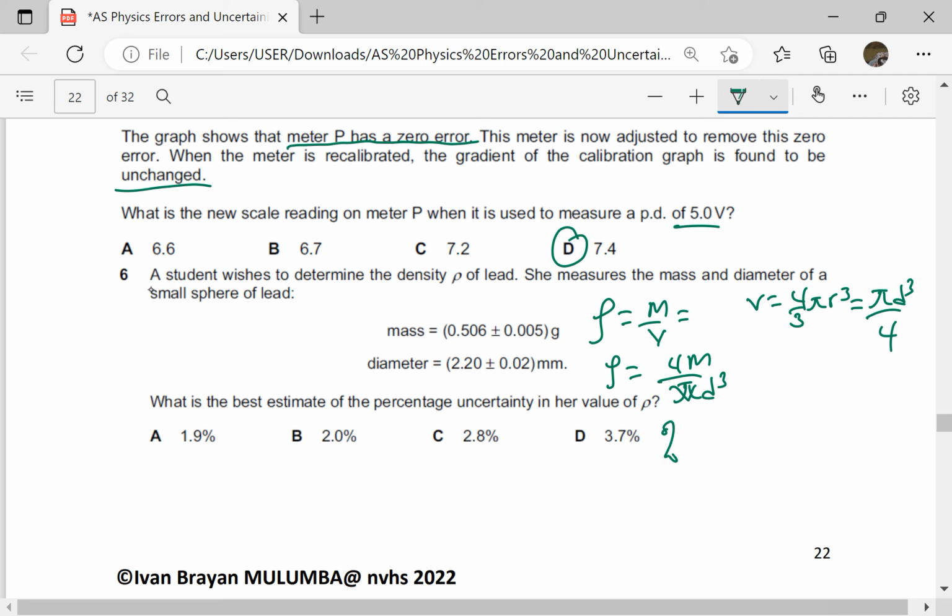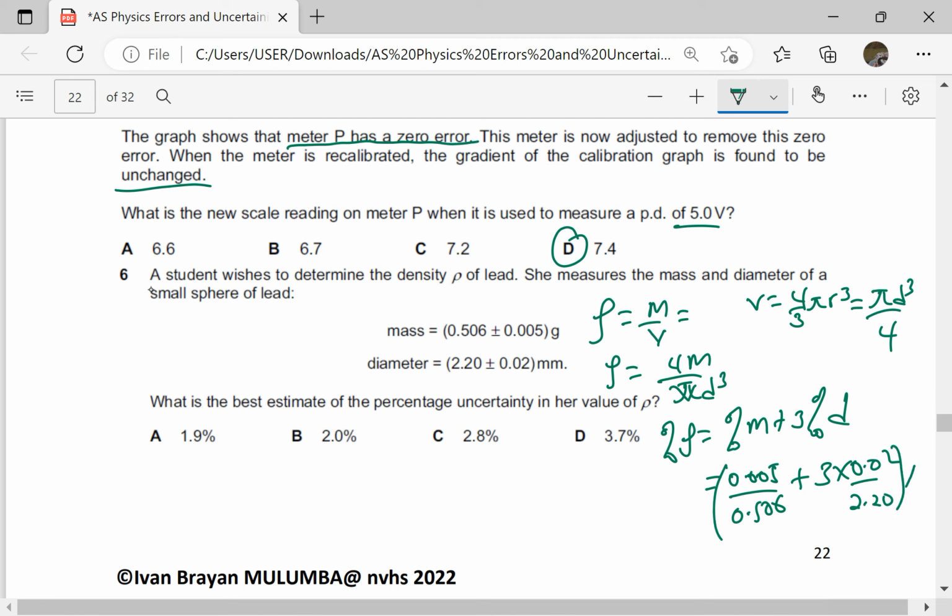So the percentage uncertainty in density will be percentage in m plus 3 times percentage in d. So this is going to be 0.005 divided by 0.506 plus 3 times 0.02 divided by 2.20.